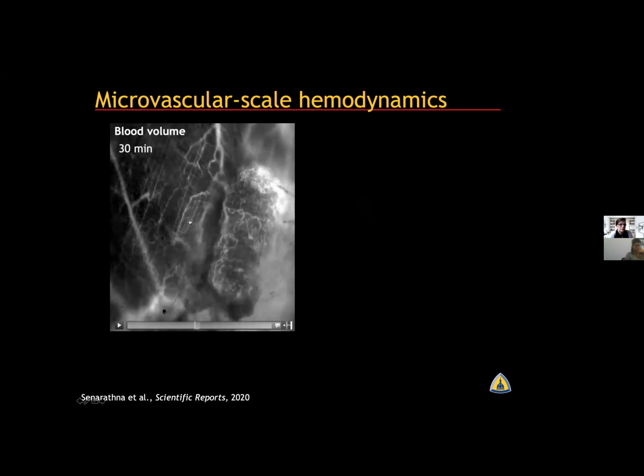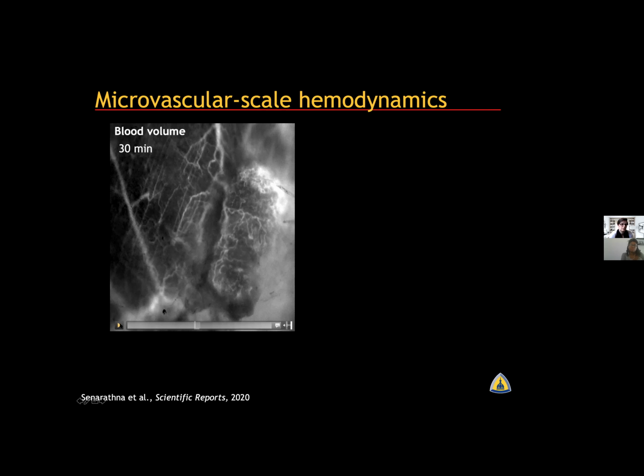So this is a movie of the blood volume changes that occur inside a tumor over a 30-minute period. We often think of blood flow and blood volume as being very stable and very uniform. So shown here is the tumor. You can see very clearly the dilated tortuous vessels in a tumor. These are the collateral vessels in the mammary fat pad and the surrounding skin.